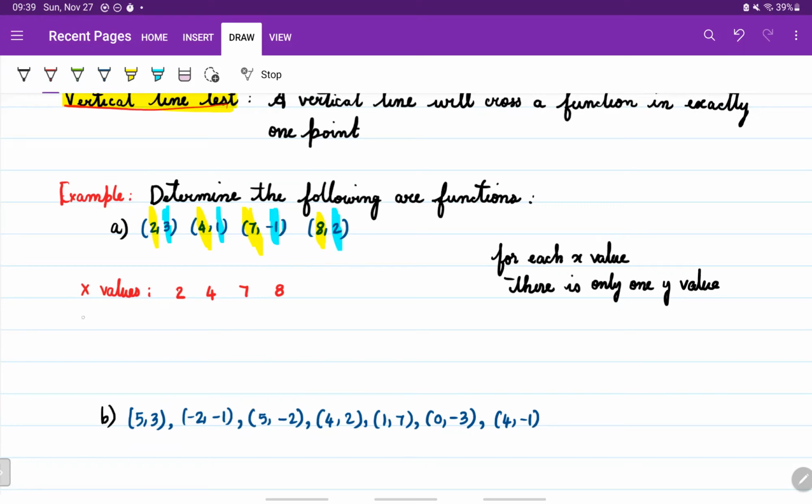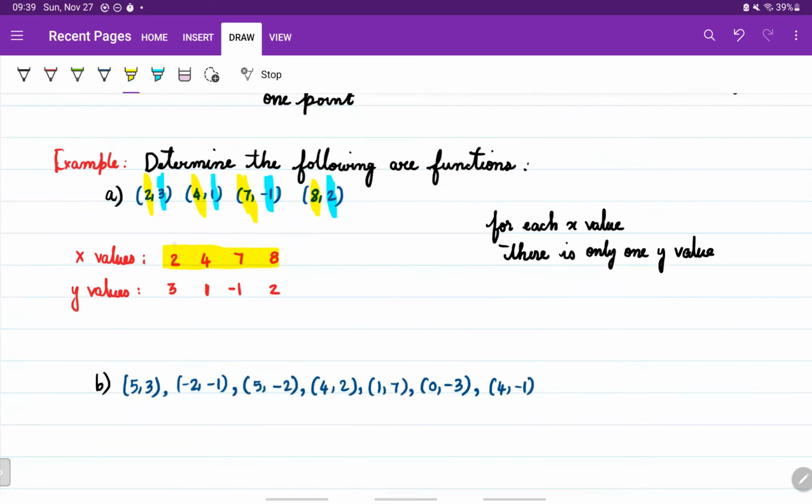Let me write them down. So my corresponding y values are 3, 1, -1, and 2. Now we see that for each x value, there is only one y value. The good thing here is all our x values are unique, so this automatically makes it a function.